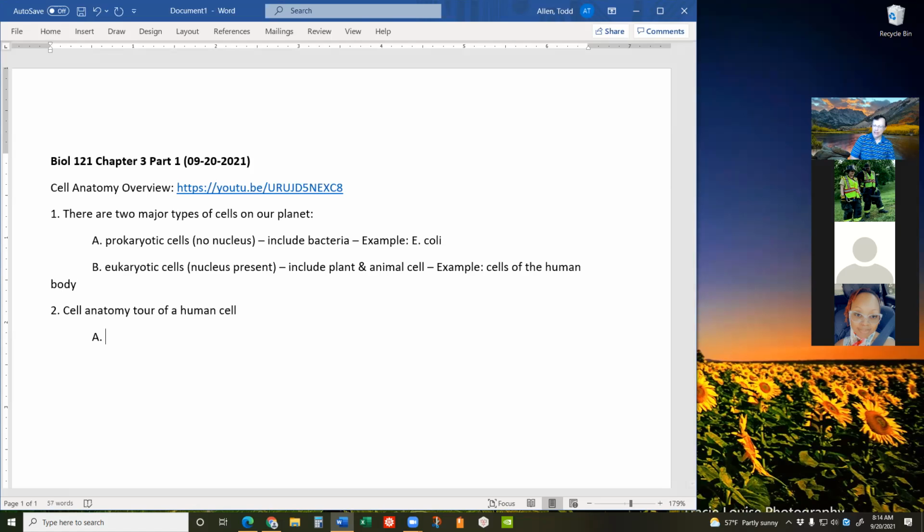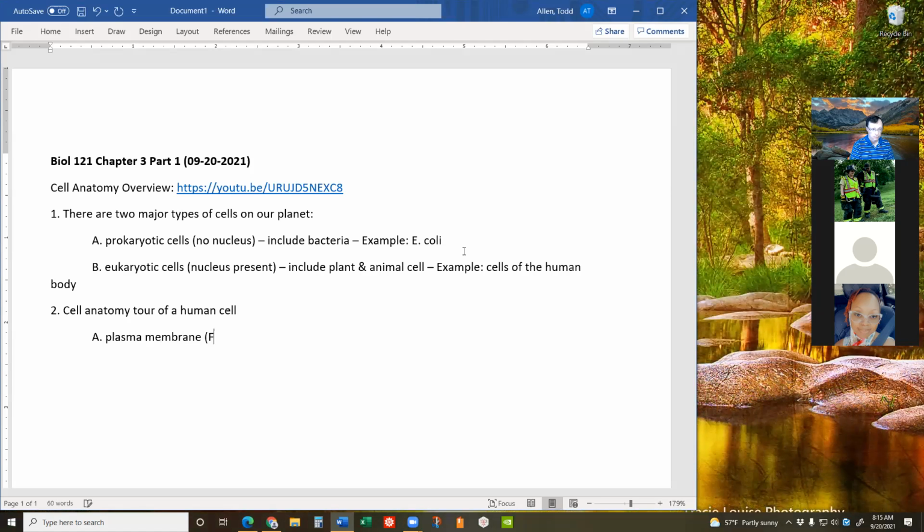The very first thing is to talk about a structure called the plasma membrane. Plasma membrane is shown to you in a magnified, detailed view on figure 3.2. What I'll just do is highlight some of the anatomy of the cell, maybe give you one or two talking points about it.